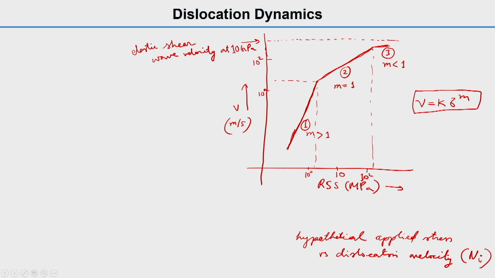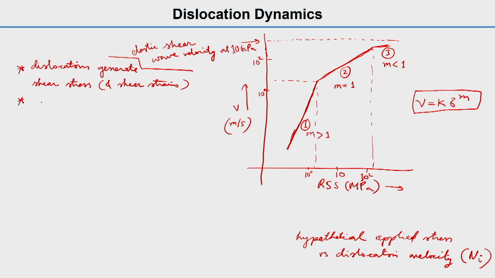What happened is, this is all about dislocation dynamics we are talking about. The dislocations, whether it is a screw dislocation or edge dislocation, generate shear stress and also shear strain.